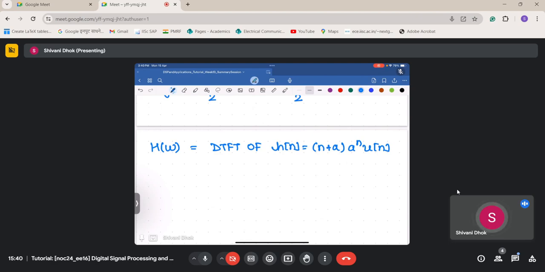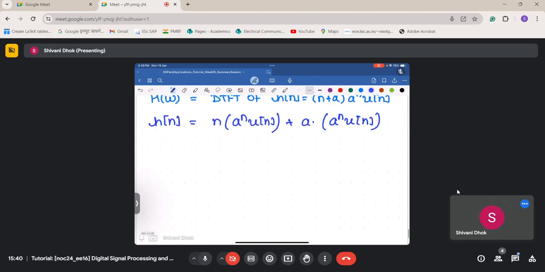Now what we can do is, I can write this h of n as n into a to the power n into u of n plus a into a to the power n into u of n. So the terms that are common are this one and this one. So let us say that this is h tilde of n.